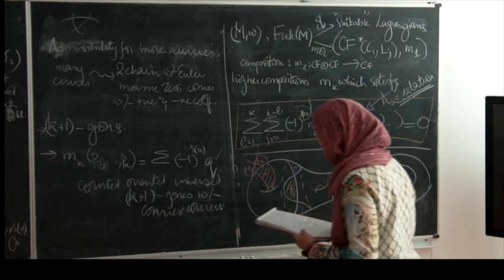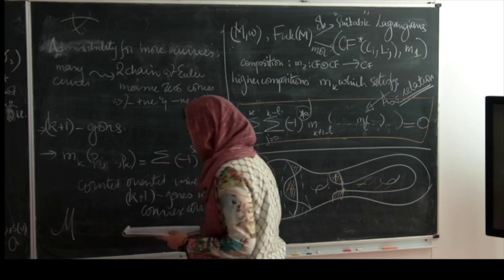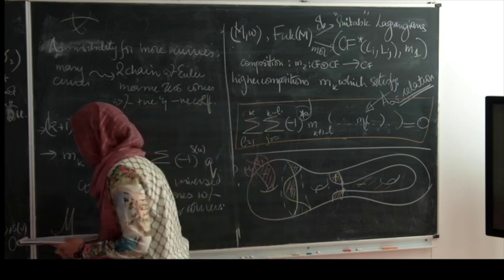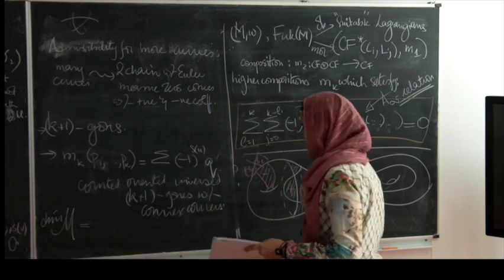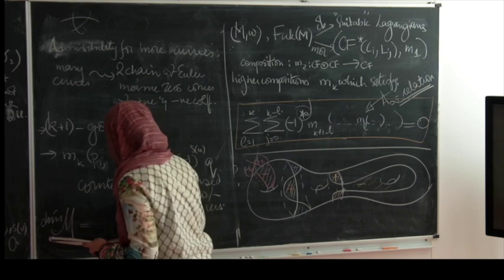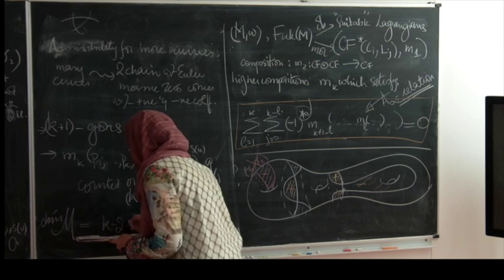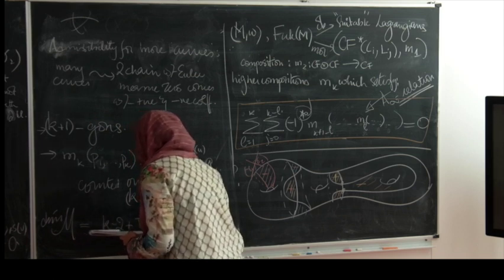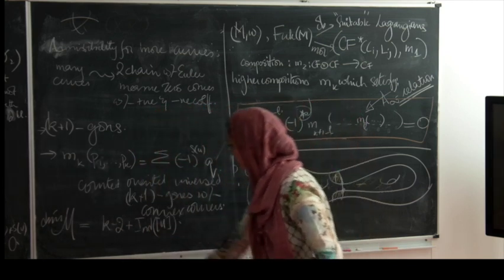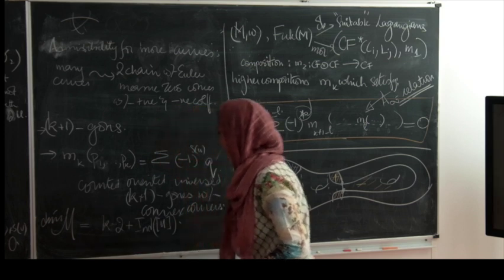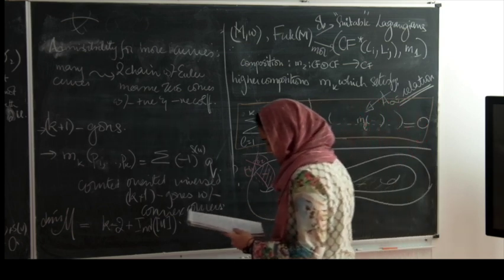And so you can define the moduli space, and the expected dimension, of course, under the transversality assumption, should be equal to k minus 2 plus the index of this k plus 1 gon. Okay, so again this is just k plus 1 minus 3, up to reparameterizations by the action of the automorphism group of the disk.